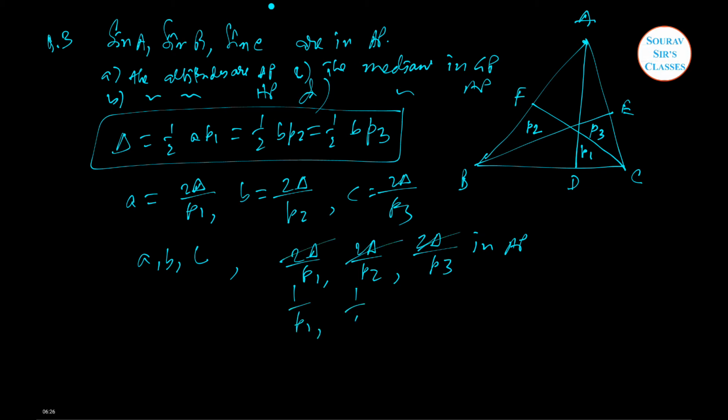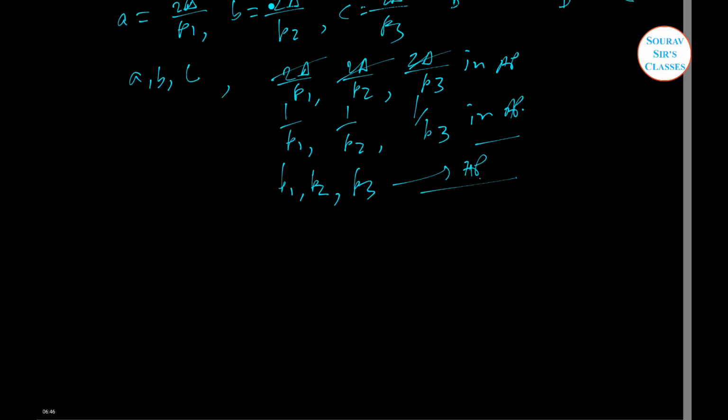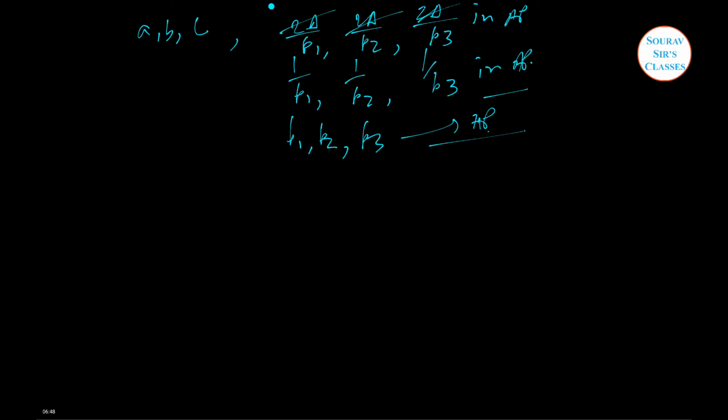So following the formula of AP, these things also will be in AP. So that means P1, P2, P3, the altitudes themselves, are in HP. If numbers are in AP, their reciprocals will obviously be in HP. So in this way we can solve a problem of this kind.